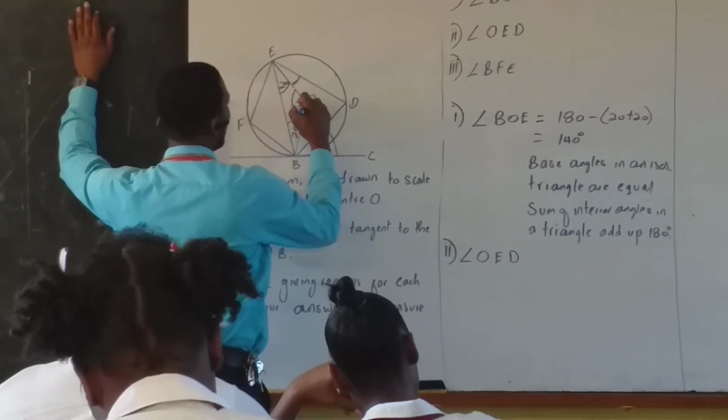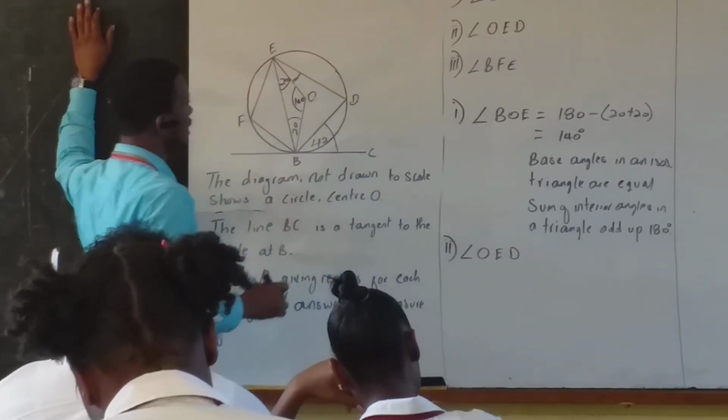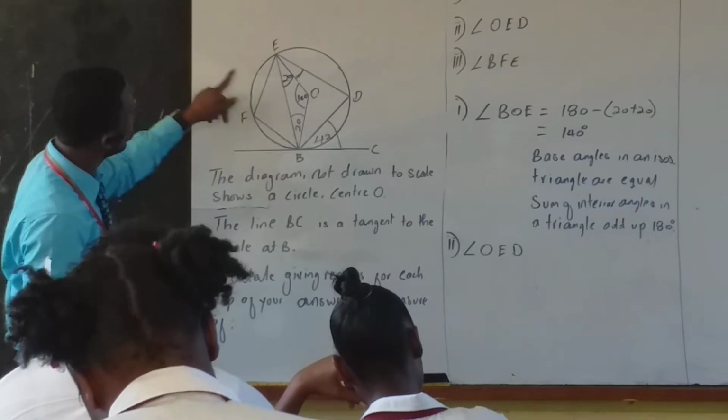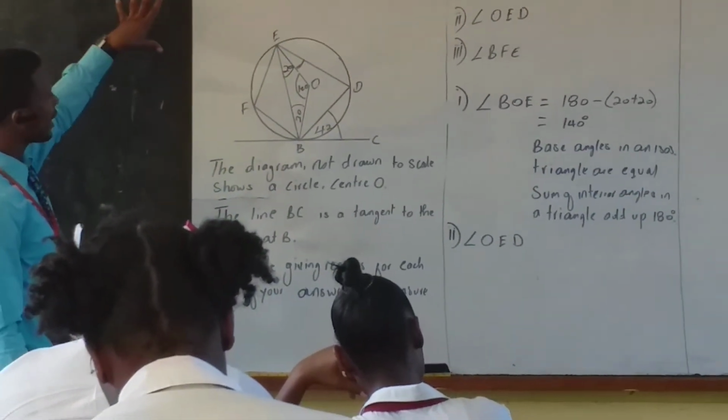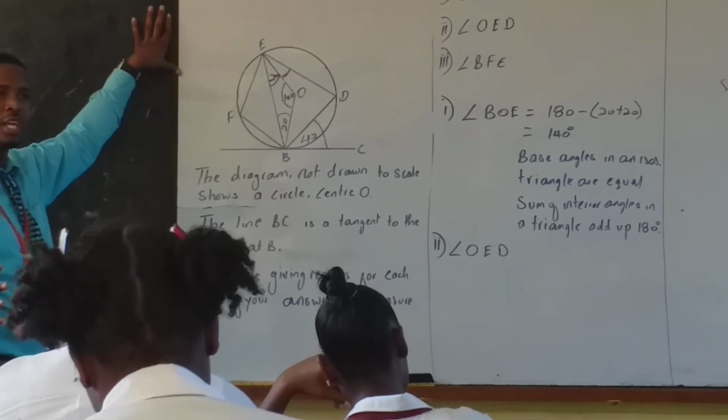We now know this angle is 140. Now if I want to find the angle that goes from O to E to D, I must look at it and see what relationship I already know.